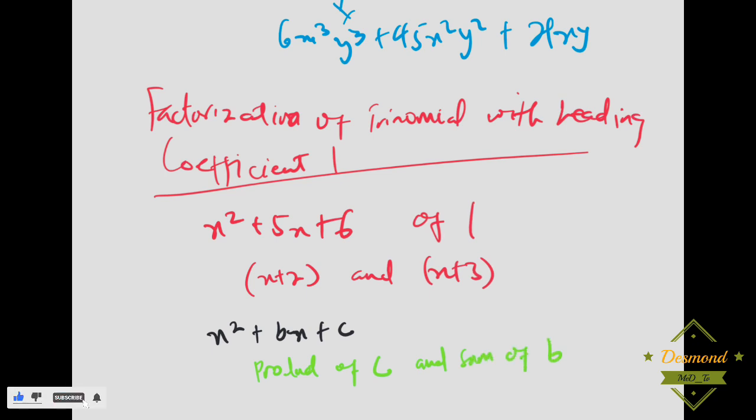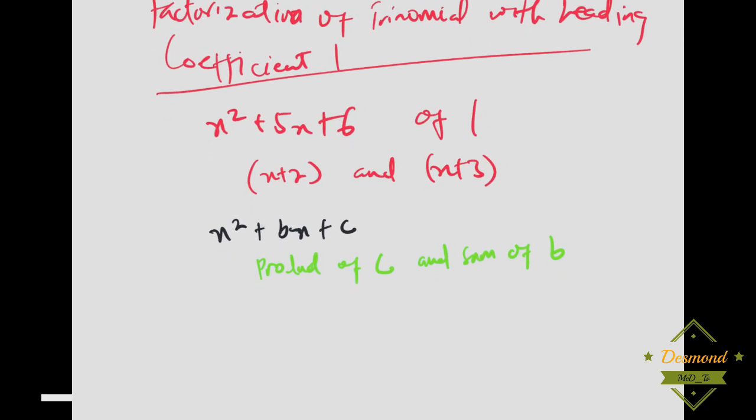That's how we factor, by finding the two numbers with the product of c and the sum of b.